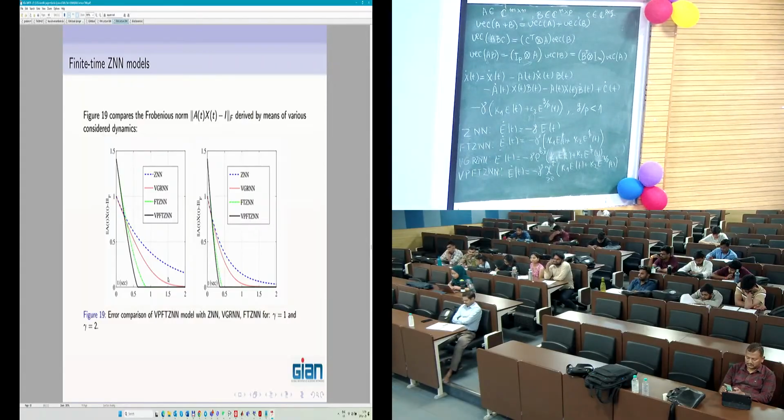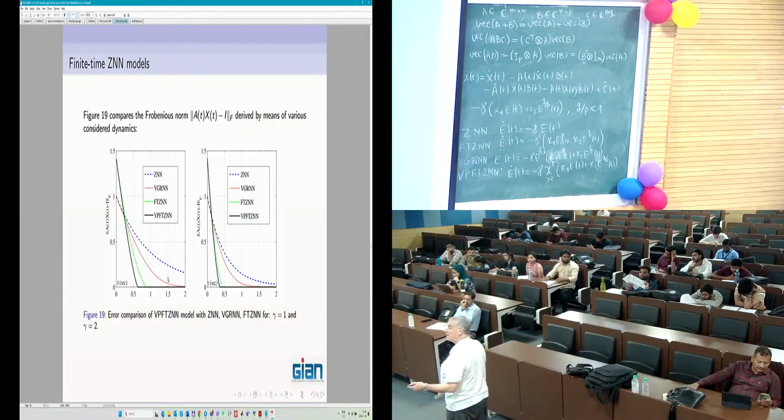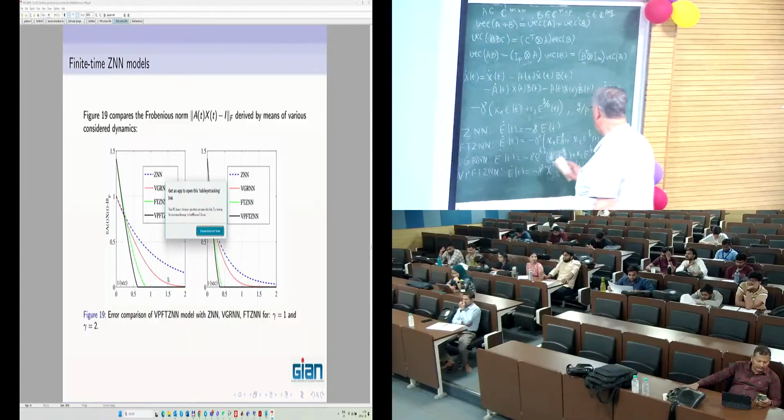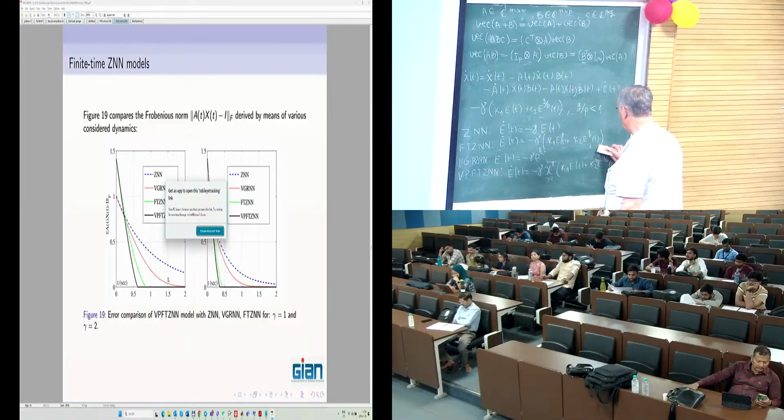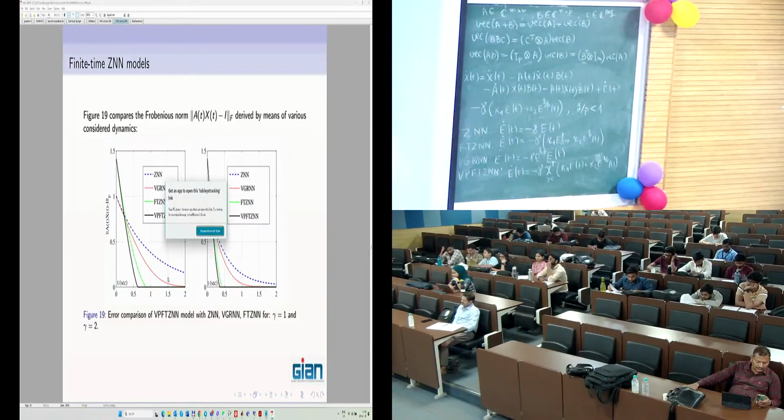And here is a comparison of finite time convergent ZNN models, and one ZNN model goes to infinite time convergence. Next, I will change again the varying gamma. It looks as not finite time convergent. A term which enables faster convergence.